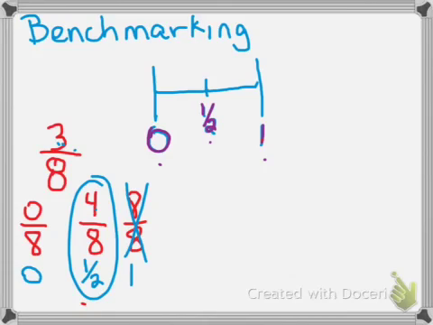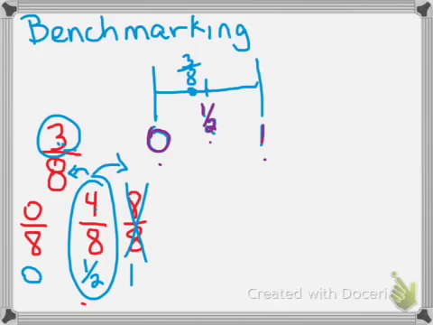If it's close to my 1/2, I want to decide, is it above my 1/2 or below my 1/2? So does 3 come before 4 or after 4? Well, 3 comes before. So on my number line, 3/8 would come before the half, but it would still be closer to it. This again, like I said, comes in handy when we start comparing fractions.